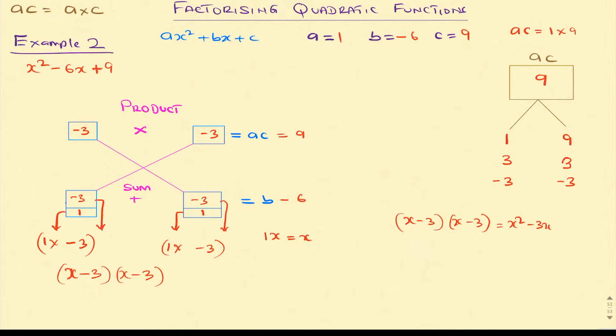Minus 3 times x is minus 3x. Minus 3 times minus 3 is plus 9. So that will give us x squared minus 6x plus 9. So that gives us the equation back, and therefore our factors are x minus 3, x minus 3.